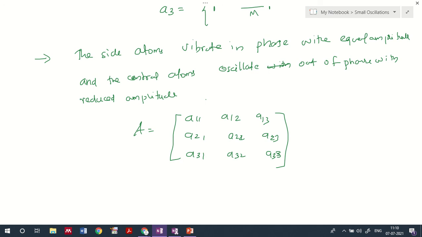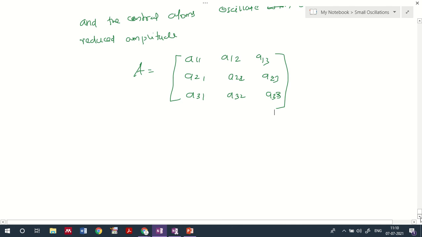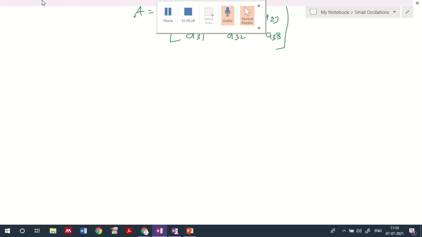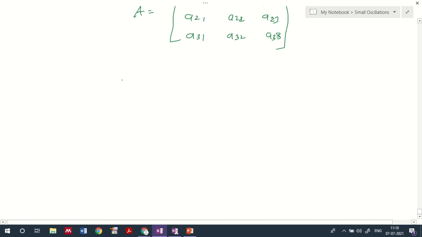Now I will simply describe what we have done. When there is a frequency value, when omega 1 equal to 0, then a1 equal to what? Alpha, alpha and alpha. All the values are the same.